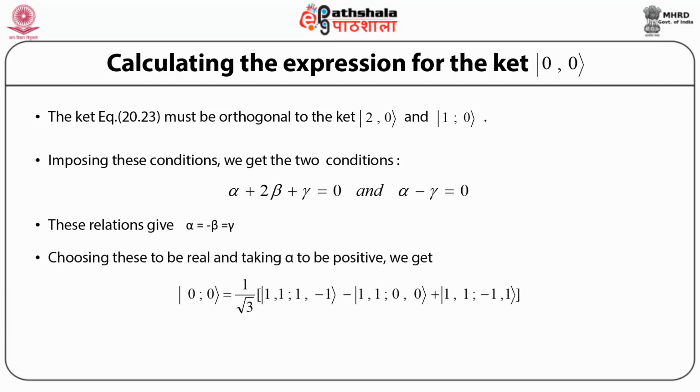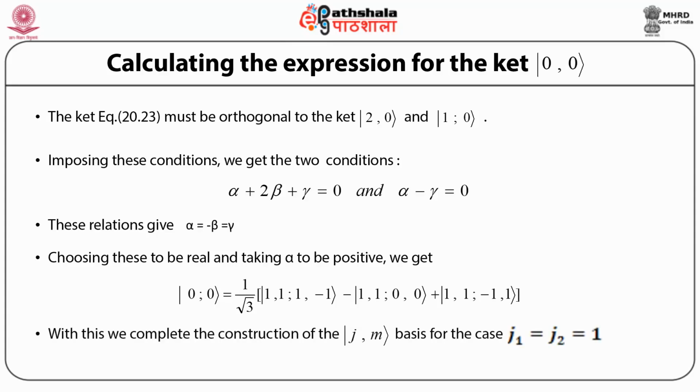Choosing these to be real and taking alpha to be positive, we get ket(0,0) equals 1 by square root of 3 into within the brackets ket(1,1,1,-1) minus ket(1,1,0,0) plus ket(1,1,-1,1).